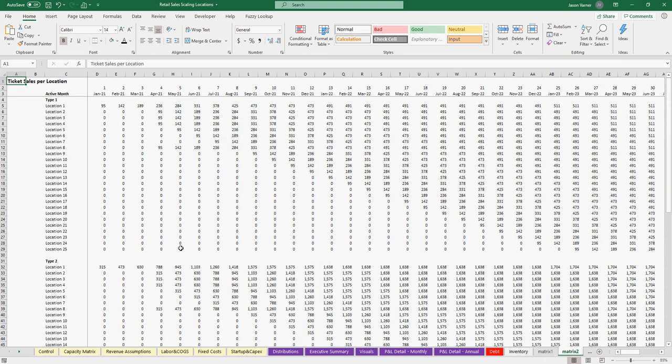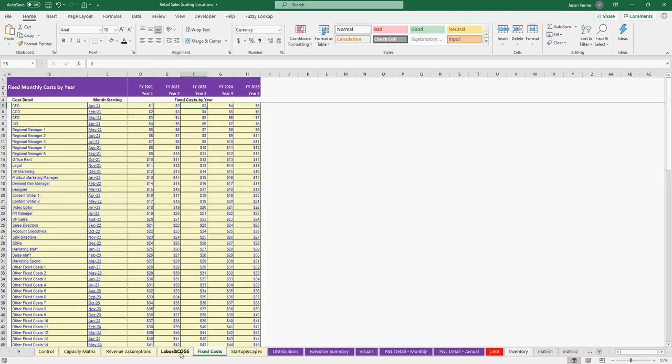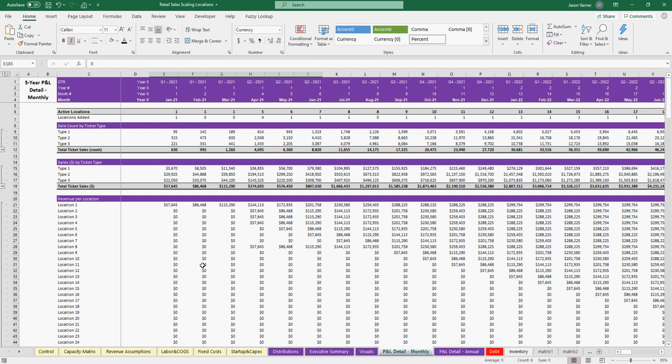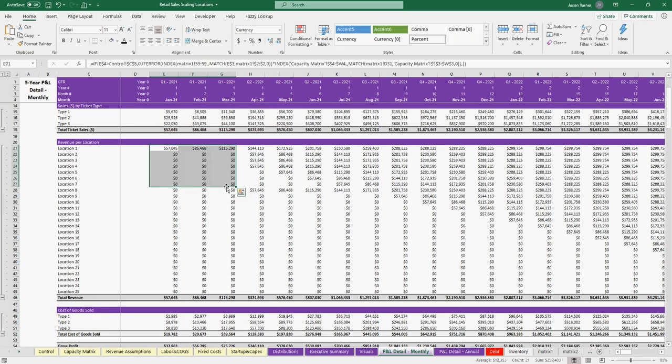Matrix 2 has, now what I did on the monthly, because I wanted to do a separate cost of goods sold for each type, I actually had to go and rebuild the revenue in a different way using the same logic. So if you look at the P&L monthly, we have total ticket revenue here by type. We also have it by location here.